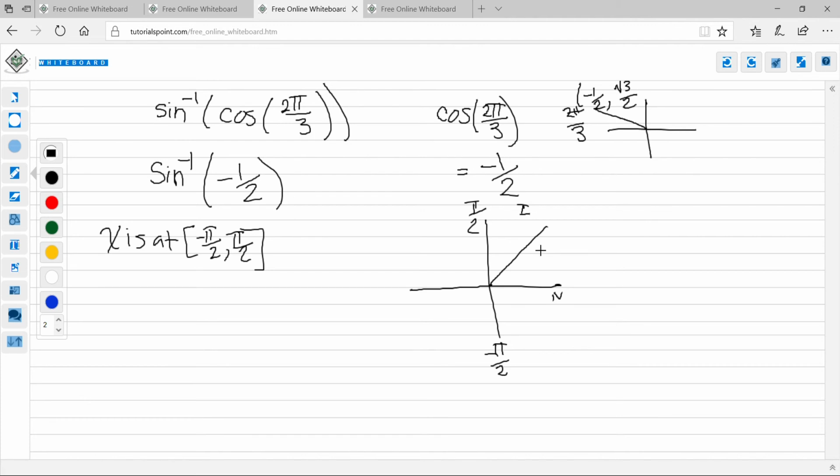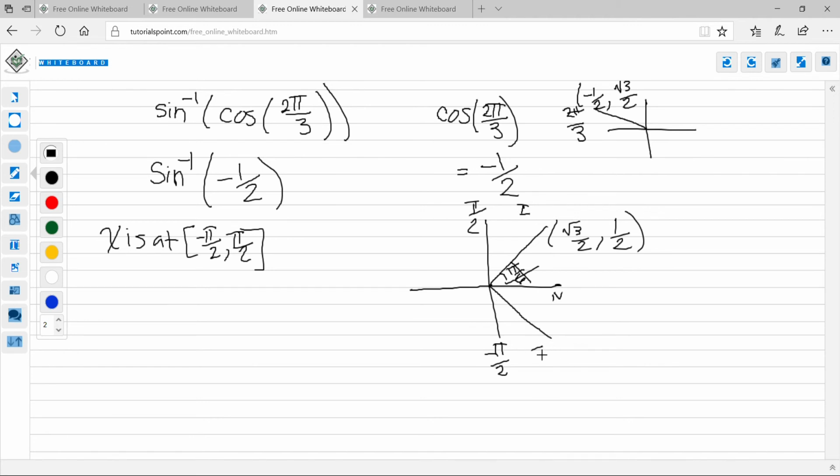Will pi over 6 work? I don't think so, because pi over 6 has coordinates root 3 over 2, comma, positive 1/2. We want a negative, so pi over 6 won't work.